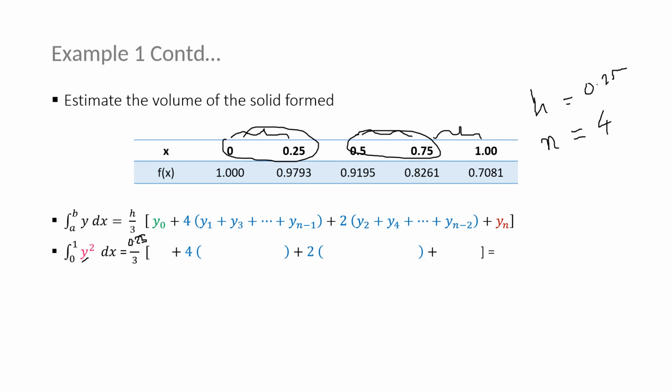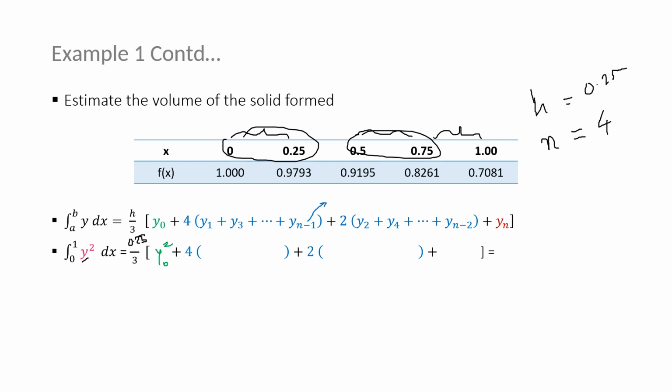Then starting with the first green colored term in the square bracket, we have y0 squared. Then in the first blue colored bracket, the last term is yn minus 1.